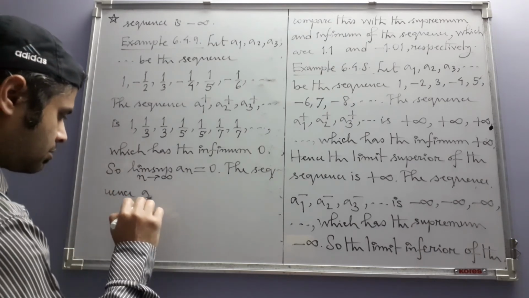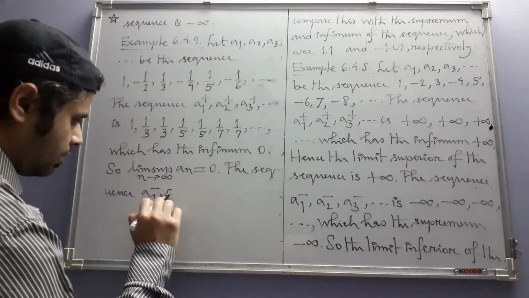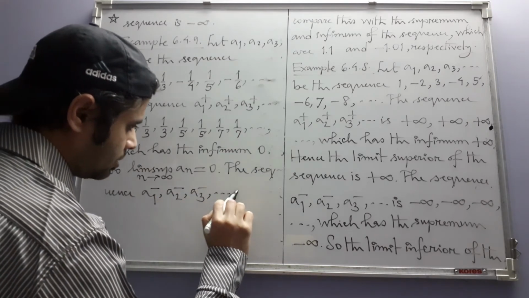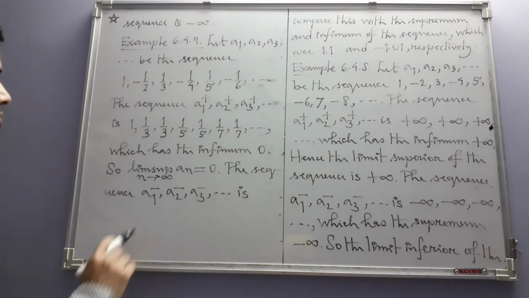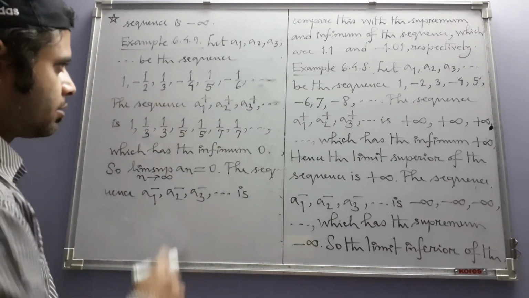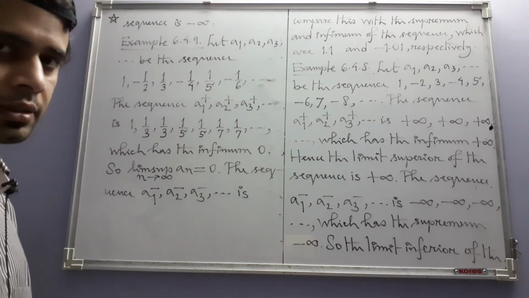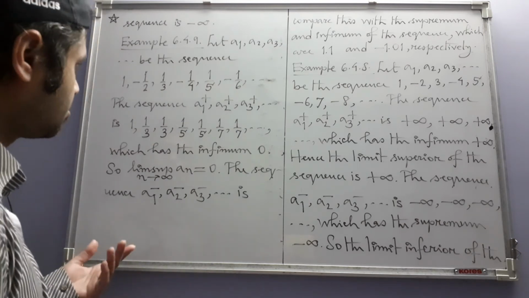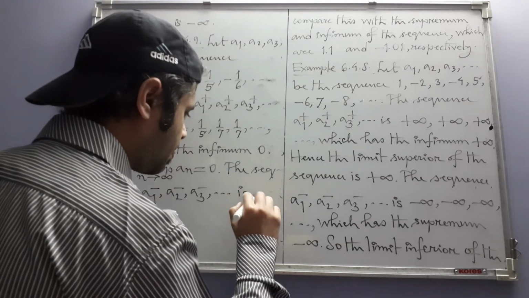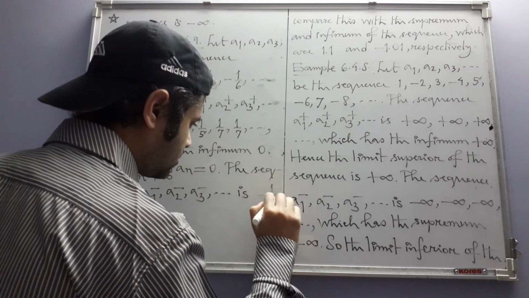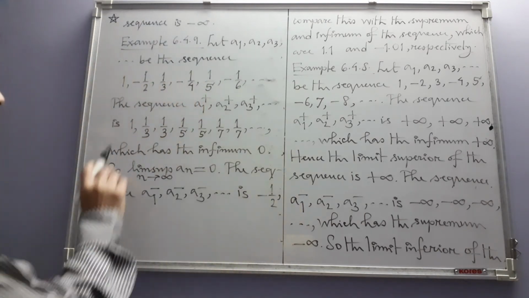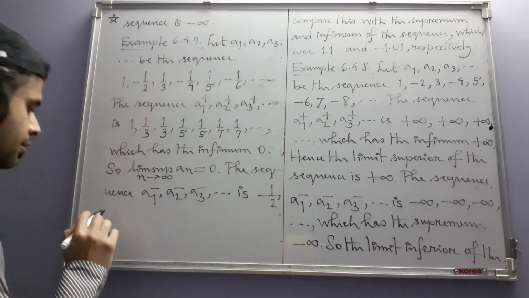The sequence a1 minus, a2 minus, a3 minus etc. is, now this sequence, just like the original sequence has a largest term, it also has a smallest term, which is minus 1 over 2. So minus 1 over 2, this is the first infimum. After removing 1, it is still there.